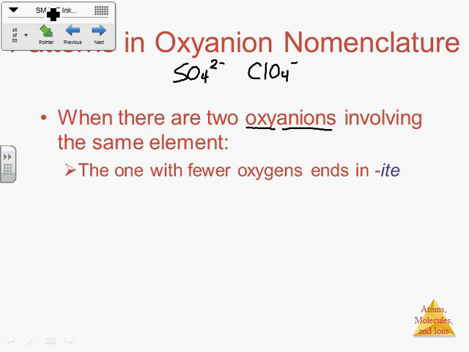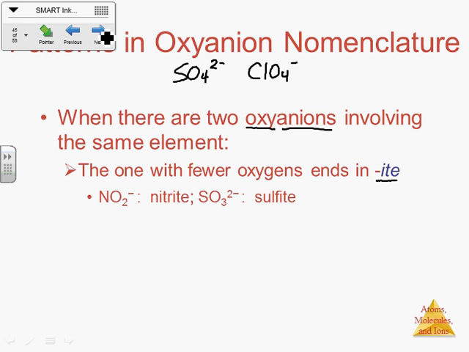Okay. When there are two oxyanions involving the same element, the one that has the fewer oxygens ends in ITE. Okay. So an example here would be NO2- is nitrite, SO3 2- is sulfite. Well, the problem there is you sort of have to know how many oxygens it normally has. Okay, so you have to know that NO3- is kind of the most common polyatomic ion there, and that would be the nitrate.